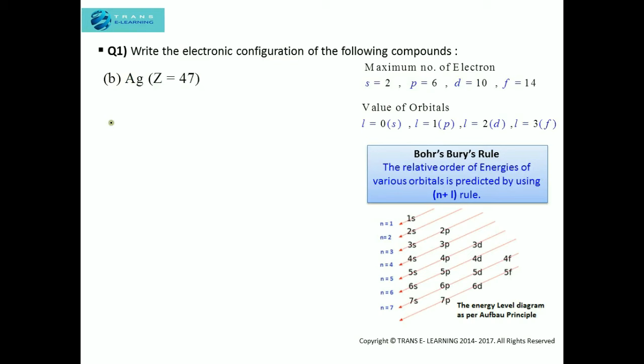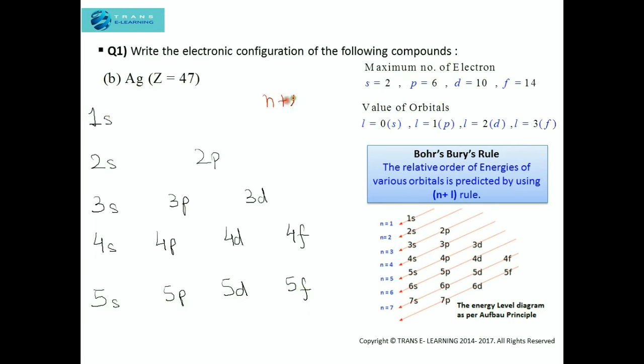Now writing the electronic configuration of silver. First of all, I will write the principal quantum number, then I will write the orbitals. Now taking the basis as n plus L rule, that is the Bohr-Bury rule, I will fill electrons in the orbitals with increasing energies. So first of all I will fill this, and then I will write the n plus L of all the orbitals.